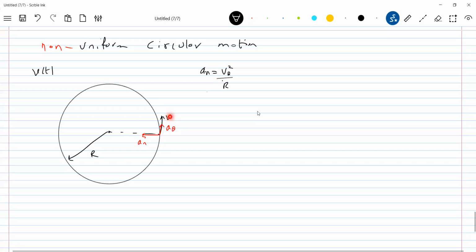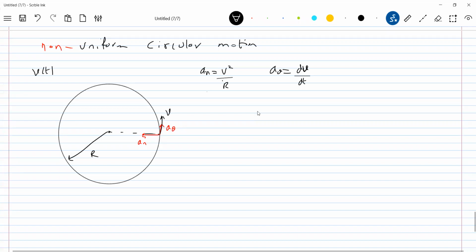If you're not interested in this symbol a theta, you can remove it. Let me remove this theta. This is the central acceleration. Why? This is due to change in direction of motion. Then again, due to change in speed, a theta equals dv by dt. This is the tangential acceleration.